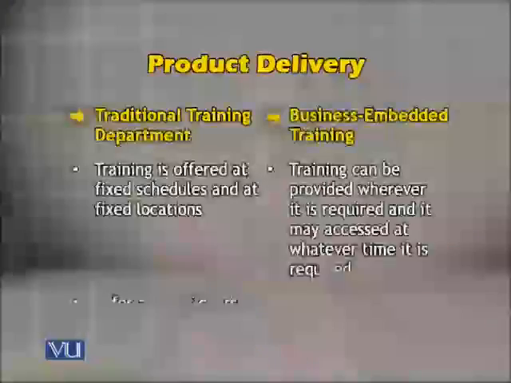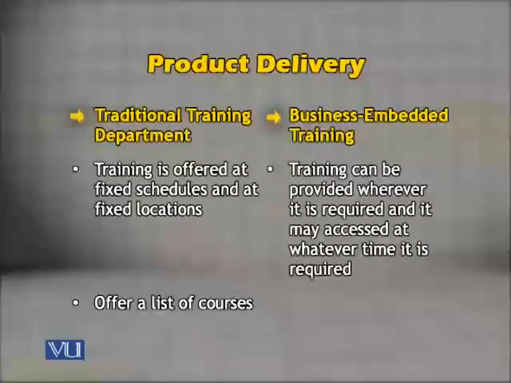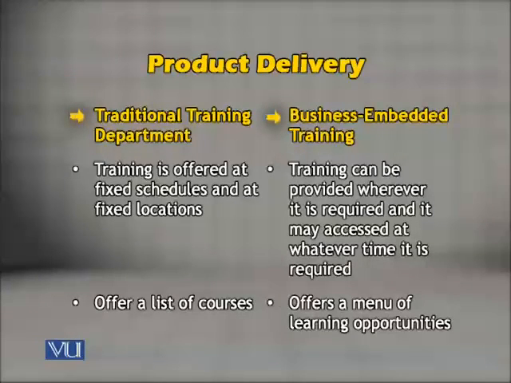And then in product delivery, in a traditional training model, they offer a list of courses that a person can take in a classroom learning method. Whereas in a business embedded training model, they offer a menu of learning opportunities.